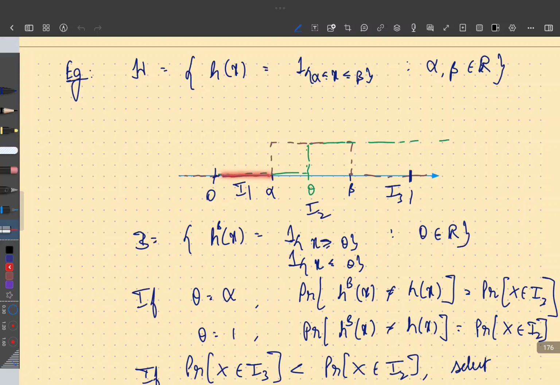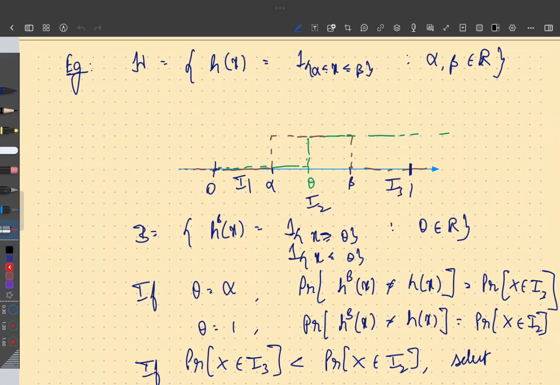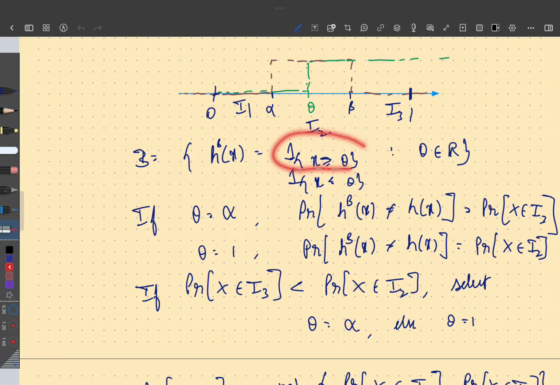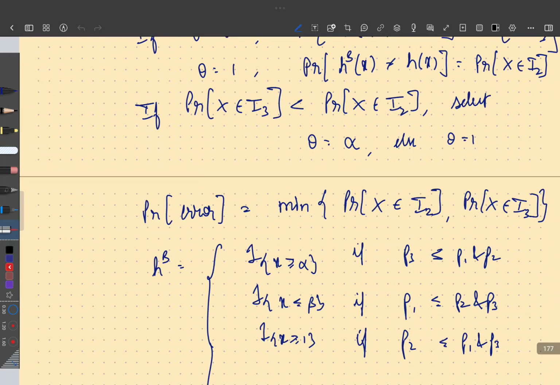So it labels everything less than alpha to be minus 1, everything greater than beta to be equal to minus 1, and everything between alpha and beta to be plus 1. Okay? But the base class is the set of all threshold classifiers. So it's indicator greater than or equal to theta, or indicator less than or equal to theta. All right, that's my base class.